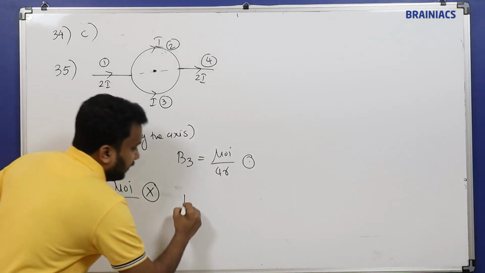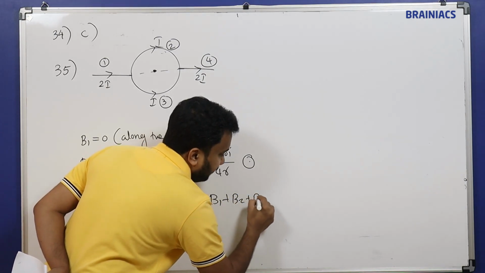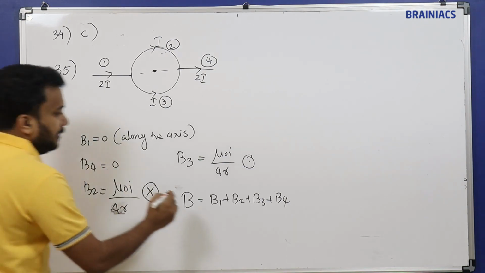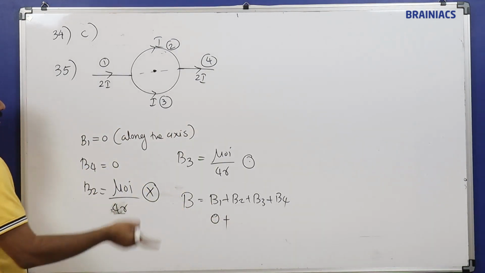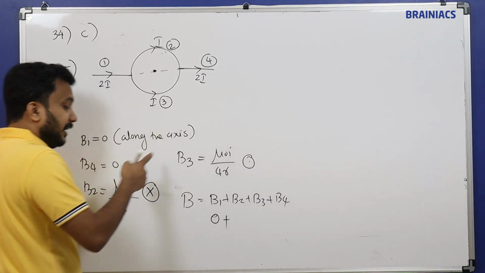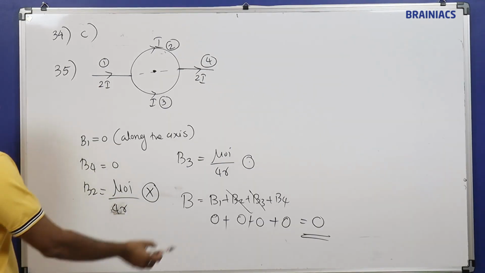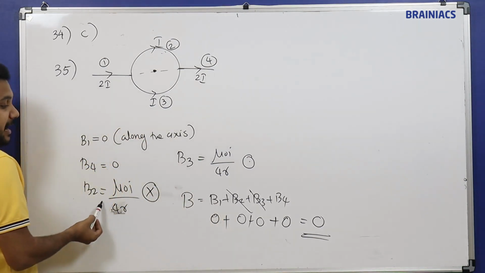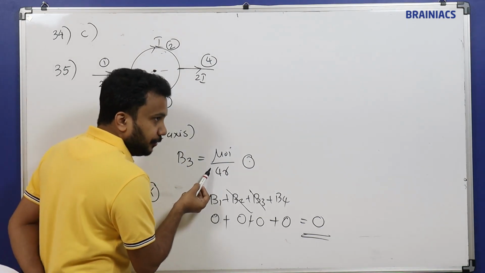So total magnetic field B is equal to B1 plus B2 plus B3 plus B4. B1 is 0, B2 is into the board and B3 is out. Both are the same in magnitude, mu 0 I by 4R. B1 magnetic field along the axis is 0, B2 is a magnetic field into the board, B3 is the magnetic field out of the board.